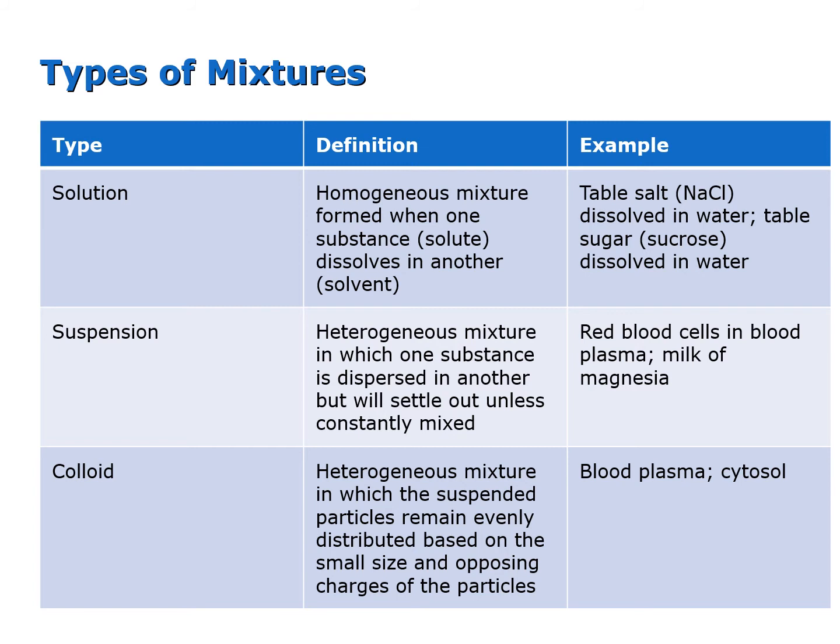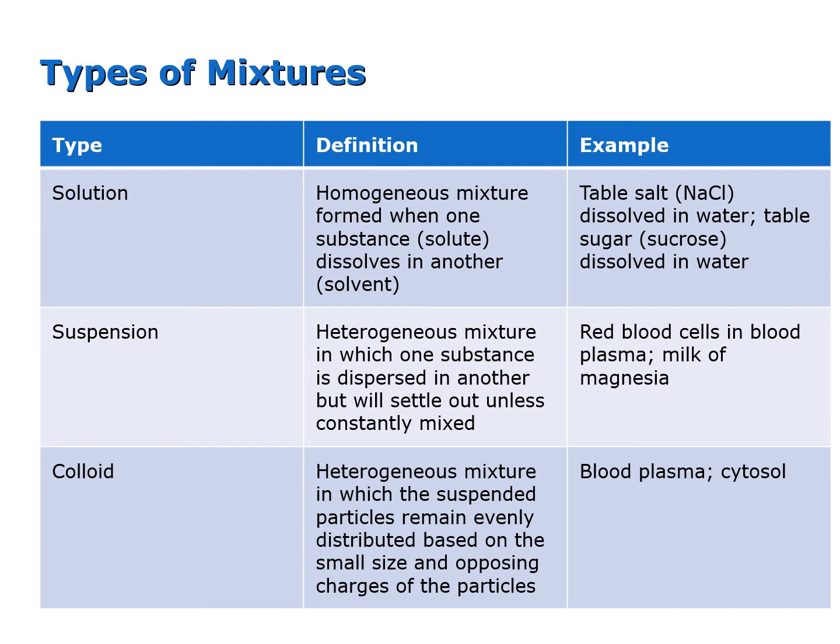So the first one is called a solution. A solution is a homogeneous mixture that is made out of two or more substances. But we'll have one substance that is called a solute that will dissolve in another substance, which is called the solvent. In other words, let's consider that we have a solution of salt.